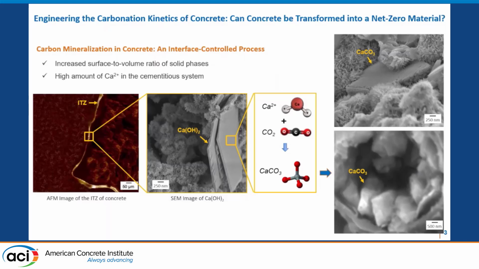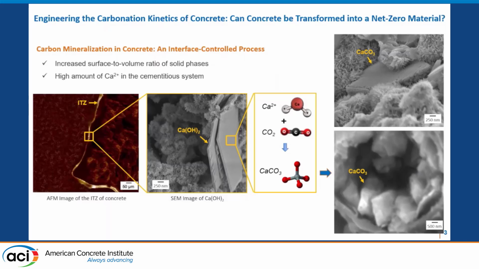Now, carbon mineralization in concrete is considered an interfacial controlled process, meaning that this process can benefit from increasing the surface to volume ratio of the solid phases in concrete. But how can we do that? Naturally, we have adequate amounts of calcium in the cementitious system that are needed for the mineralization process.